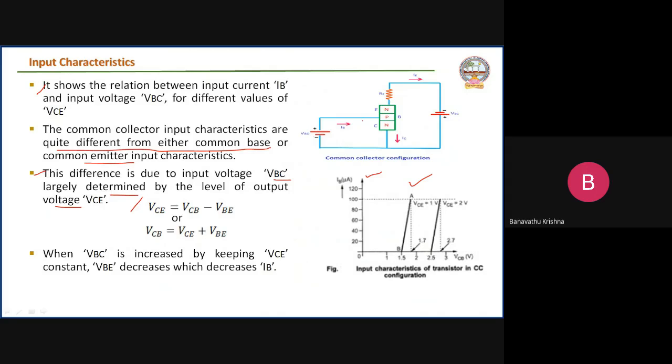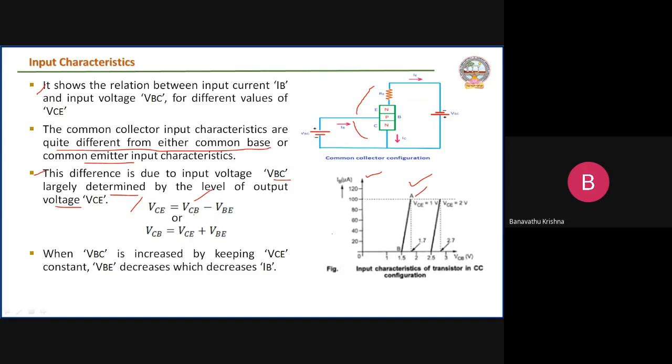VCE equals VCB minus VBE. Suppose VCB becomes large, drastically. Let us observe: VCE equals VCB minus VBE. Suppose VCB is 1.7 volts and VBE is 0.7 volts, then the difference is 1 volt.